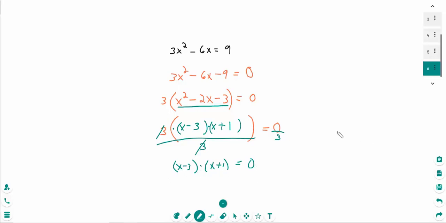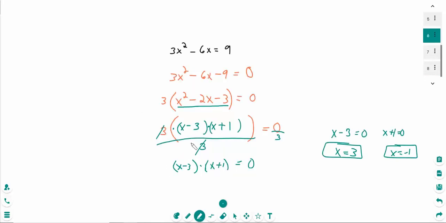So therefore, x minus 3 has to be equal to 0, or x plus 1 has to be equal to 0, which would imply that x is 3 or x is negative 1. Okay, so those would be the two solutions for this equation. Okay, very good. And that's about as tricky as it's going to get right there.